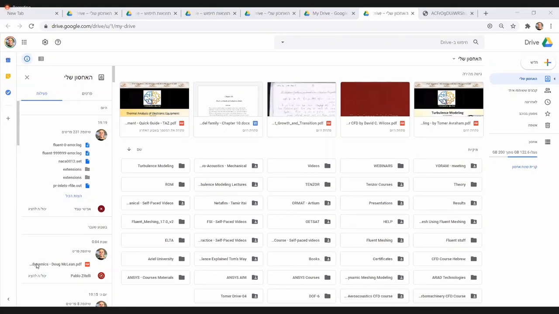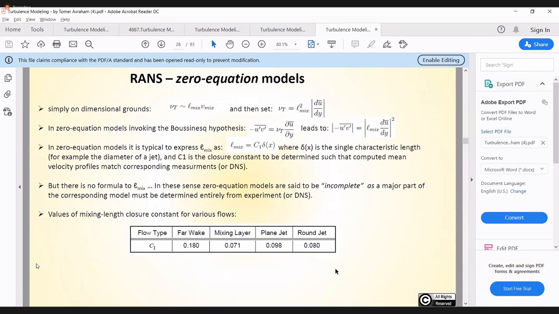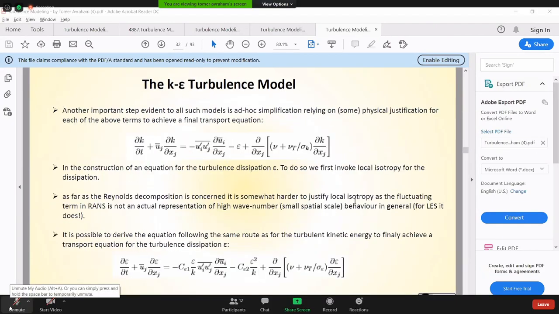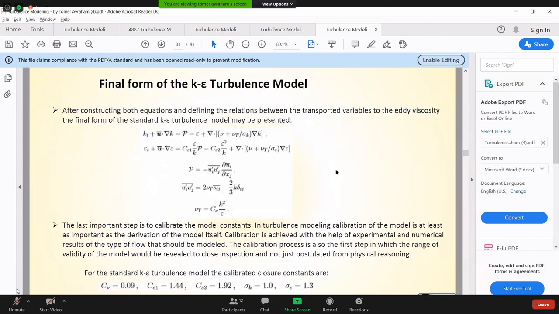I don't choose Google Drive. Let me share. Now it's okay, right? Now you don't see my Google Drive anymore? No. Okay, great.